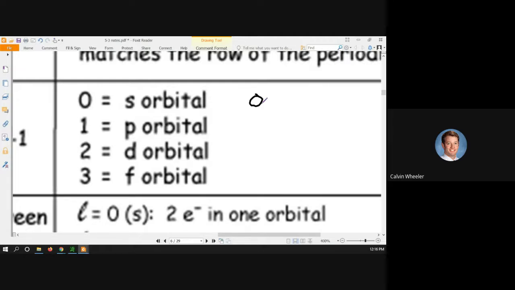The p orbital, I could have it oriented on the x, the y, or the z axis. To code that, I can say that the p orbital can be on the x, -1, the y, 0, or the z axis, +1. So these are the 3 orientations available for a p orbital.